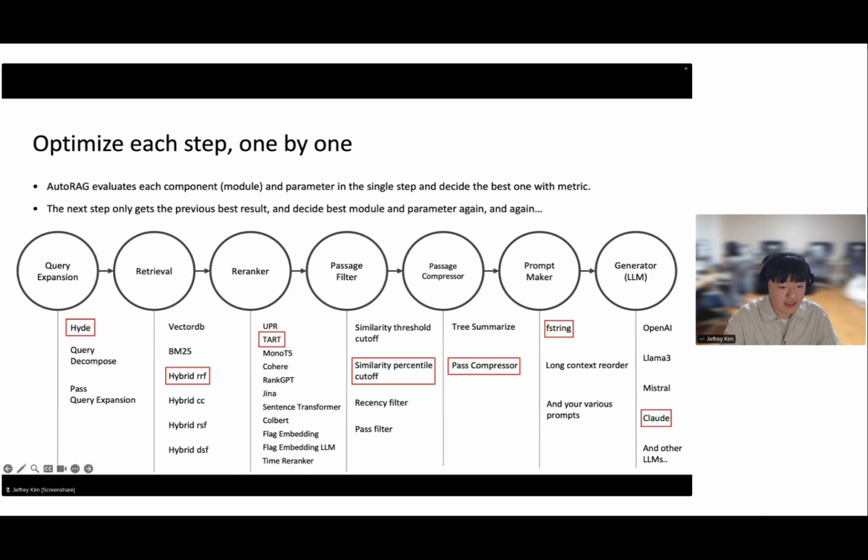This FlagEmbedding LLM re-ranker uses Gemma, and the other re-rankers use small language models. These small language model re-rankers are quite optimized for English only. So if your documents are not English, we do not recommend using them in your config YAML.